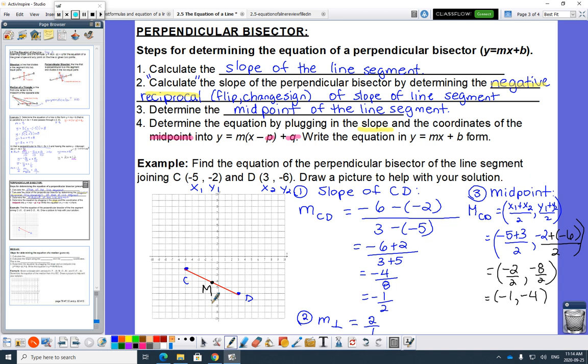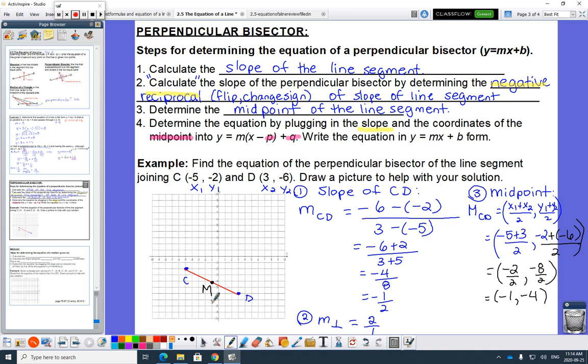Sorry, we're going to have to squish. So step 4, now we use the slope and the midpoint and find the line. So when you do this, if you have to graph it even in the in-class assignment, it should be nice, okay? We had a fraction, but then we changed the fraction, right?